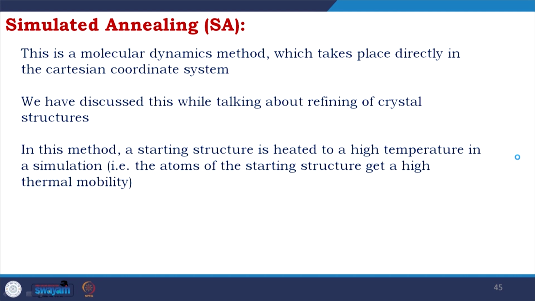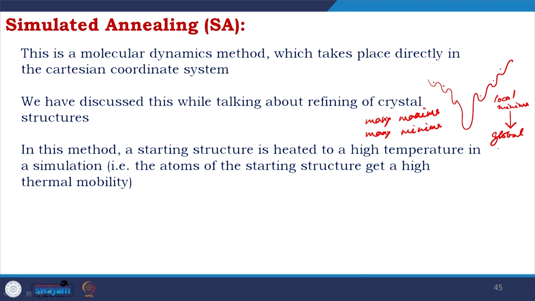So, what happened? If you remember, I talked about there are many possible maxima and many minima, right. So, when you are developing a model, your model might be coming and restricting to any of these local minima, and your goal is to go to the global minima.